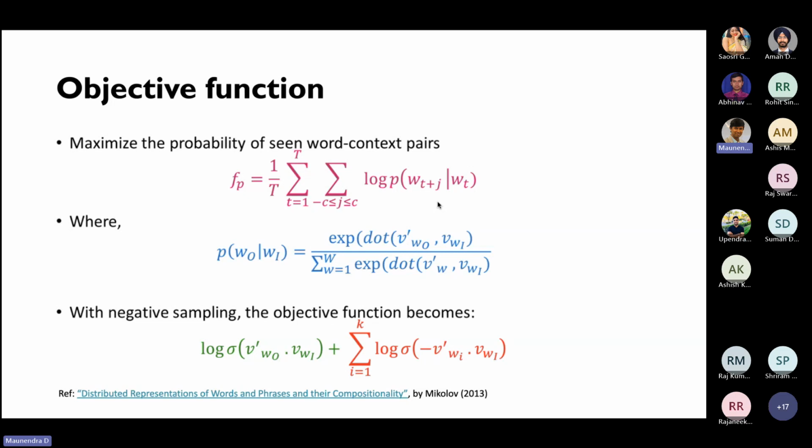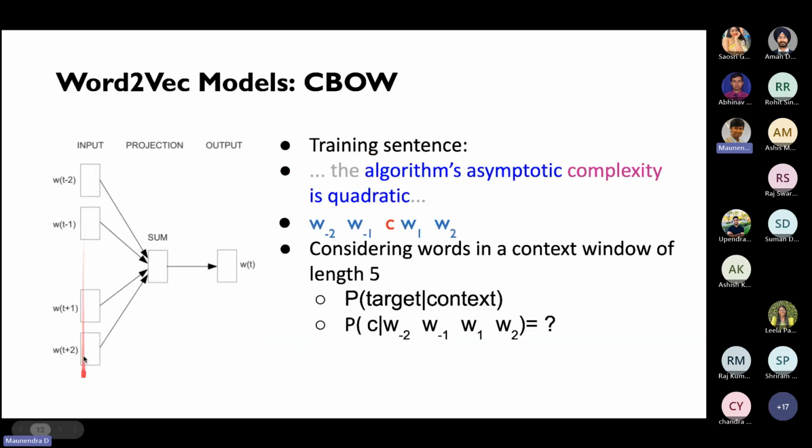Yeah. So these two models differ in only one aspect: input and output are reversed. In continuous bag of words, we give the context words, these multiple words, as input, and we expect one single word, the center word, at the output.